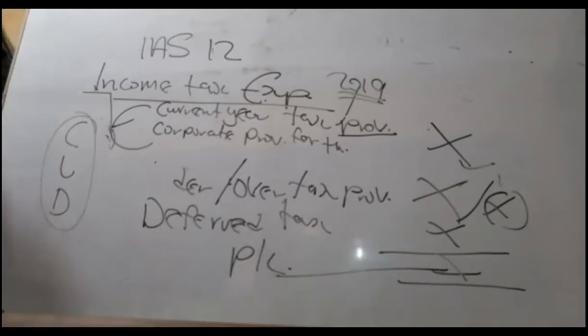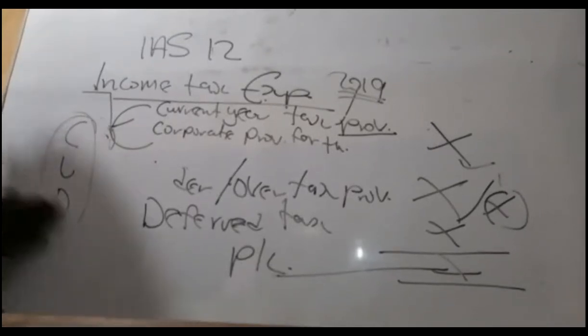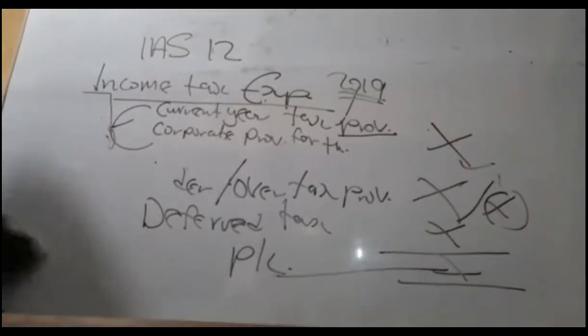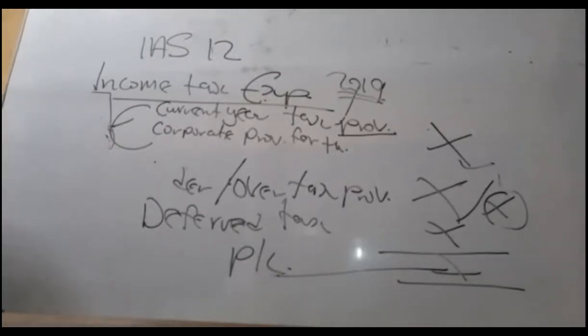Now let's see. When you mention deferred tax, you have to go and do workings. It's the same as the provision for bad debts, because deferred tax is also a provision.